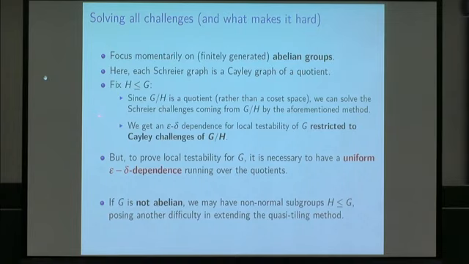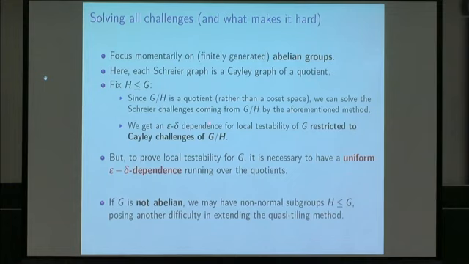I'm in amenable groups, and it's a group, so I can solve it using the Ornstein-Weiss quasi-tiling with the spatial tiles supplied by Weiss. But this, on its own, is not enough to prove local testability, because it is necessary not only to solve the Cayley challenges coming from each quotient, because if I only do that, I get an epsilon delta dependence for each quotient.